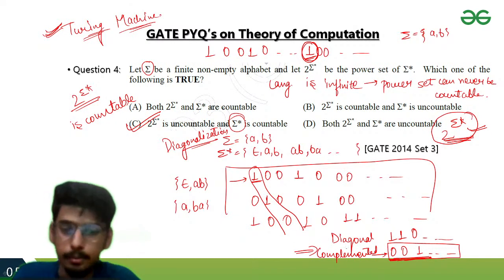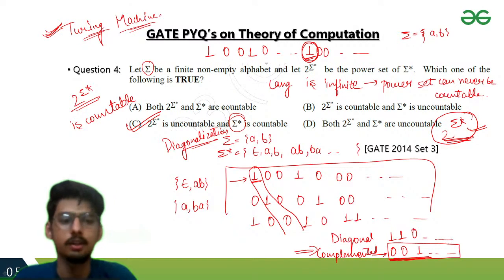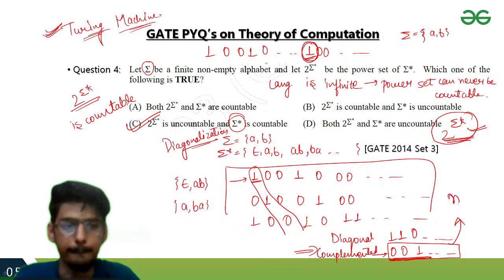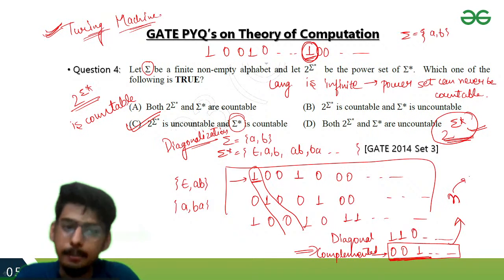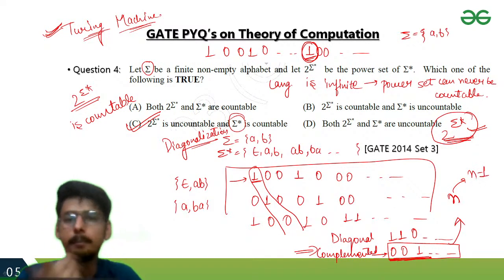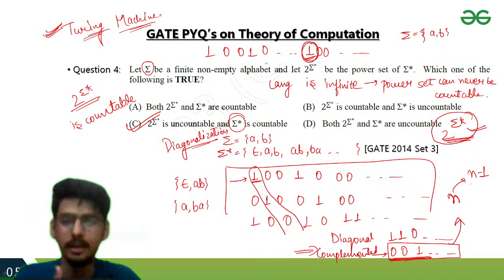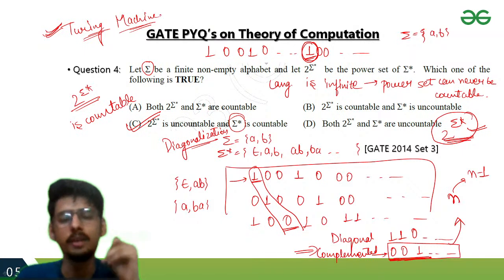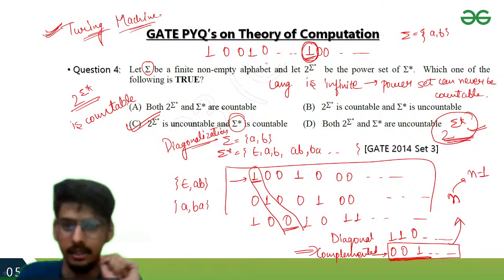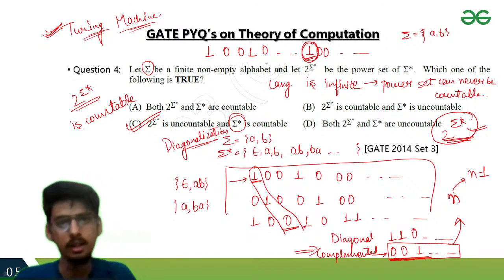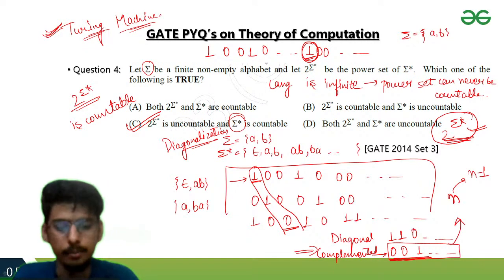Because let's suppose the complemented string is of length n, then you can match at most n minus 1 elements, but one element will not match, because I have taken the complement of the diagonal elements. So you will have one element which will not match the diagonal element in all the rows. Okay, so I hope you get this point.